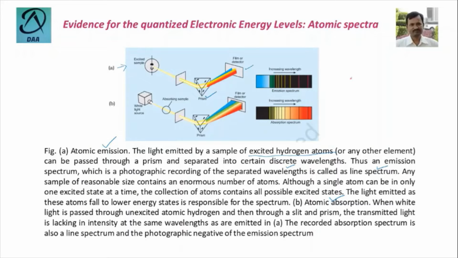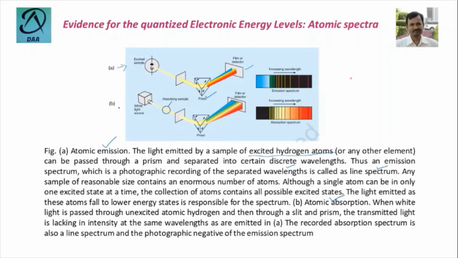photographic plate. So in atomic emission, you will see some lines, and wherever it is black in between, that means there is no spectrum at those wavelengths.